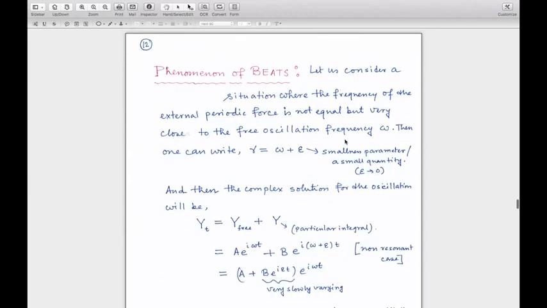Now we talk about a phenomenon known as beats. Let us consider the situation where the frequency of the external force is not exactly equal but very close to the free oscillation frequency omega. Then one can write gamma is equal to omega plus epsilon, where epsilon is a small quantity, not equal to 0 but tending towards 0.